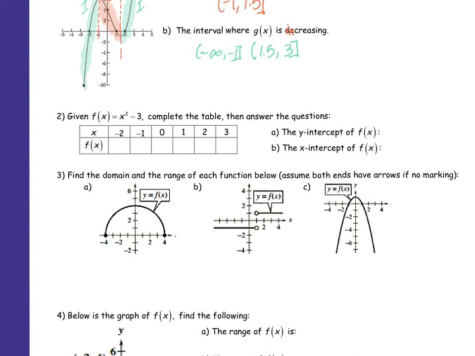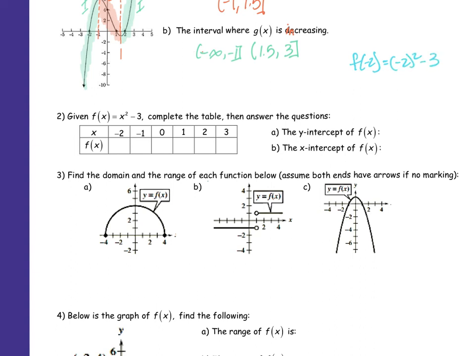Okay, so given f of x equals x squared minus 3, complete the table, then answer the question. I'm just going to plug the numbers into my equation, and then answer A and B. So I want to find f of negative 2. I'm just going to come over here and write for a second because there's some space. f of negative 2 equals negative 2 squared minus 3.